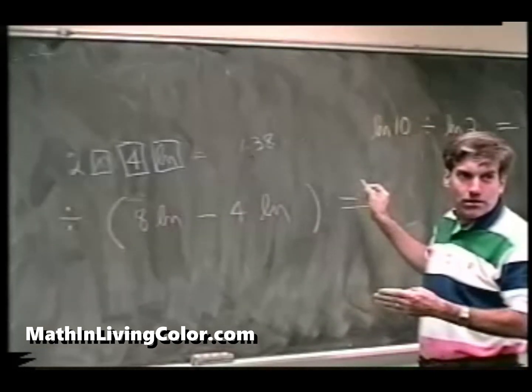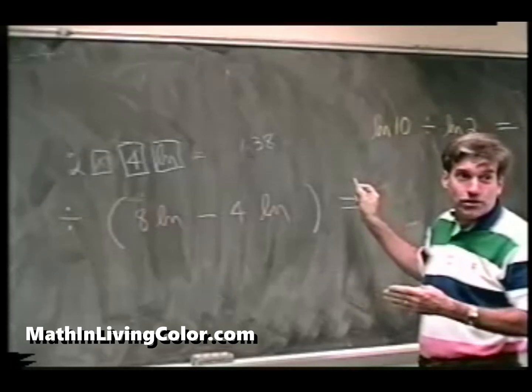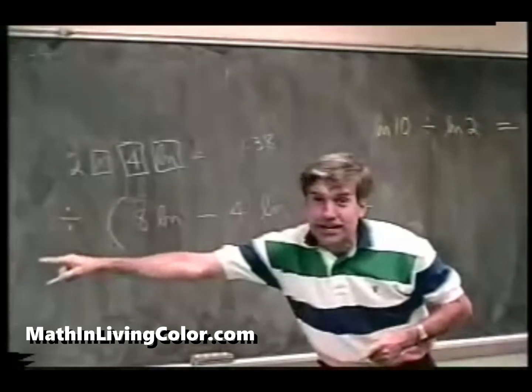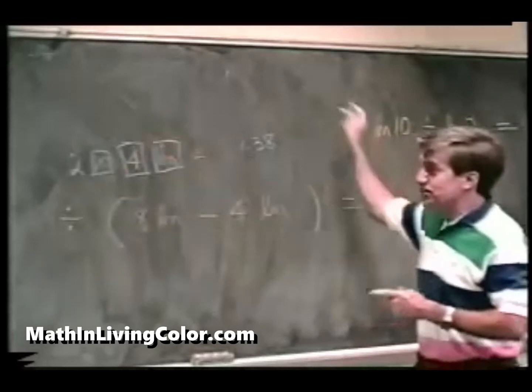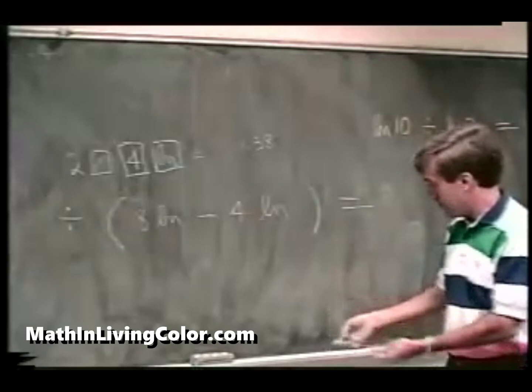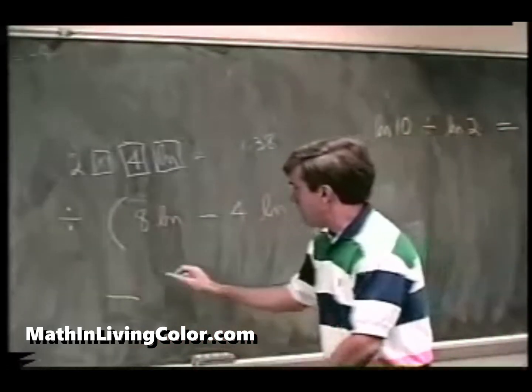And I got 0.693. Do you get 4? And remember, we still got a negative out in front. So if you get 4 for all of this, then the answer is negative 4. So don't forget that negative out in front. The answer is negative 4.